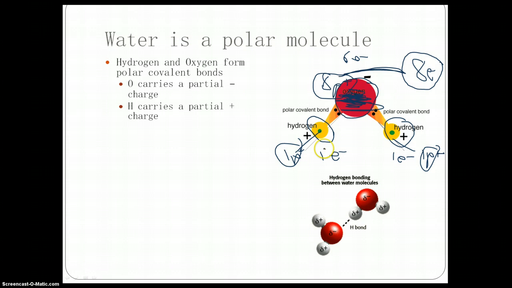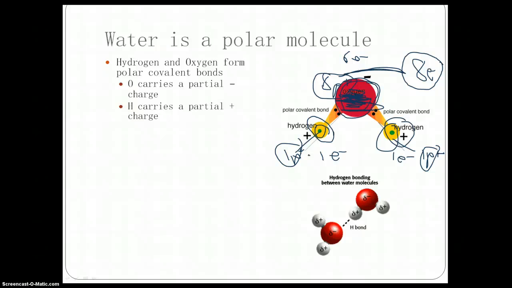What that does is that creates a situation where the electron cloud spends most of its time near oxygen, so the oxygen side of a water molecule has a slightly negative charge. We call that a partial negative charge. And the hydrogen sides of a water molecule have a slightly positive charge. Think about it. The hydrogen nuclei are not strong enough to attract the cloud.